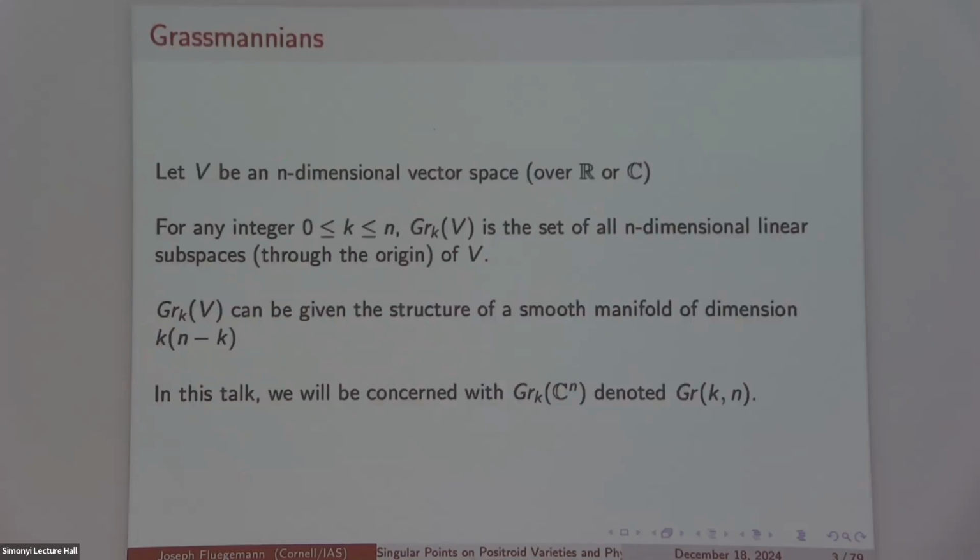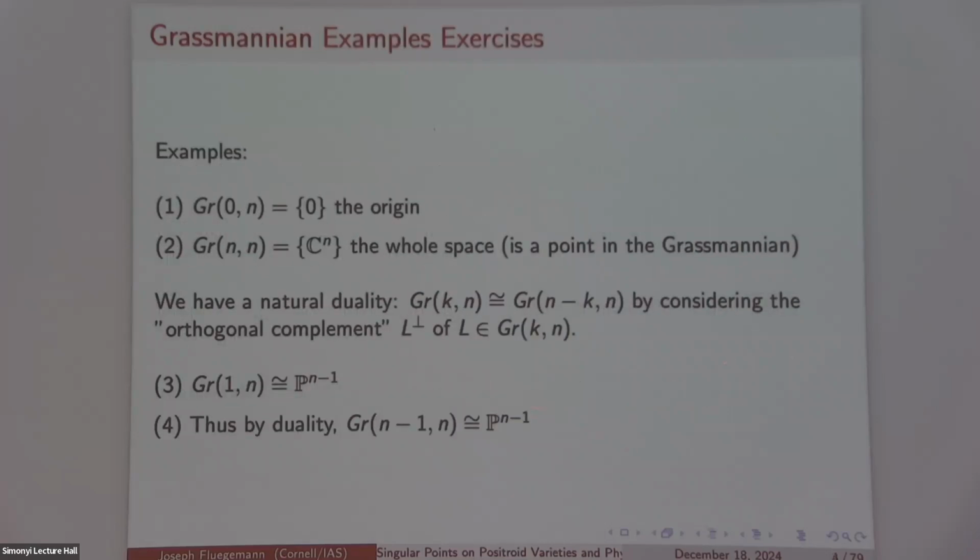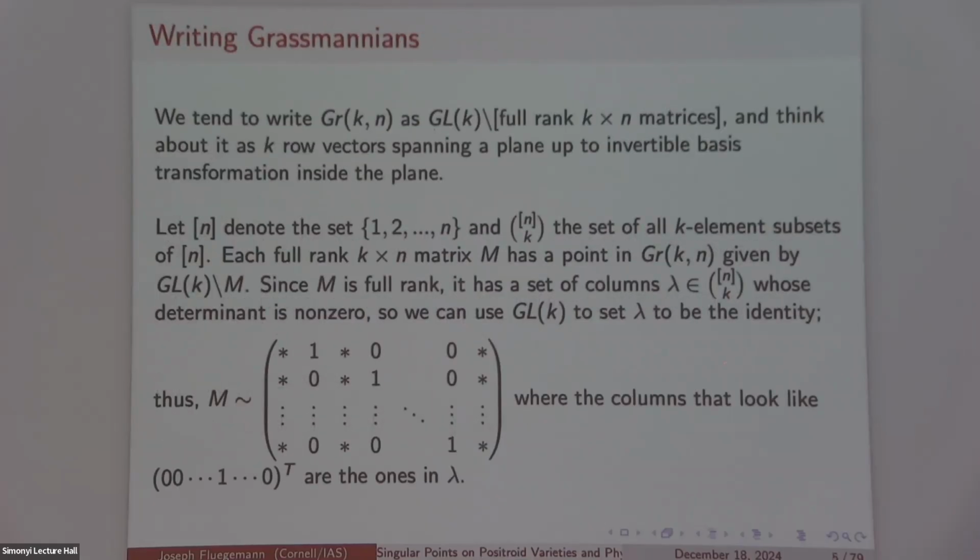So the setting is the Grassmannian. It's going to be over the complex numbers.